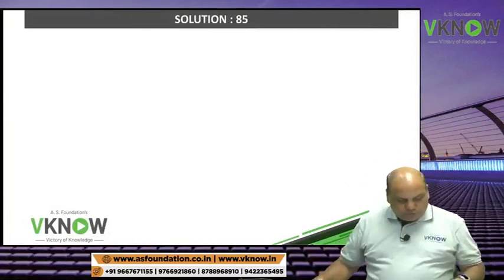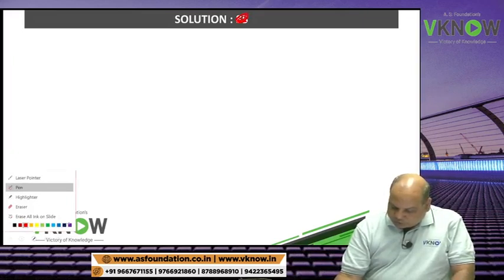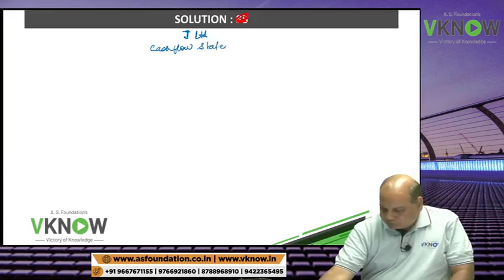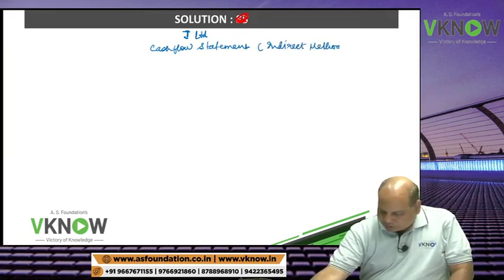Okay, so we are going to solve this question under indirect method. My dear students, first we'll have to draw the format. Write down the format. First write down the name of the company. Write in the notebook nicely. This is a 12 mark question. J Limited, Cash flow statement. For your understanding, write down indirect method.